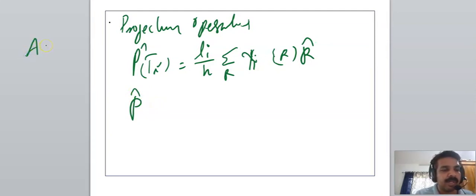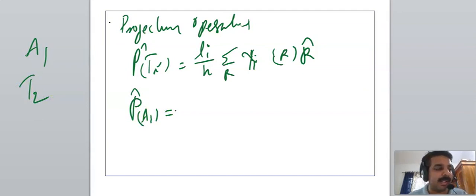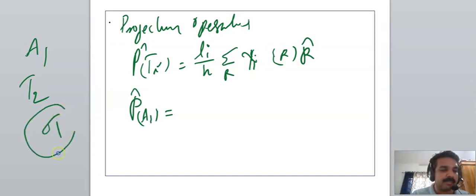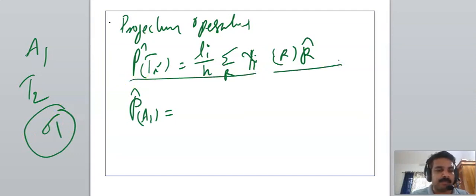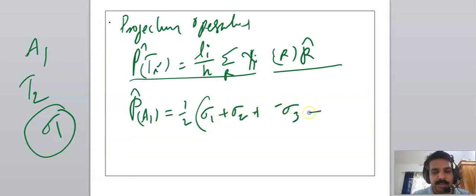What are the symmetries of the hybrid orbitals? A1 and T2. I'm not doing the projection operator completely. You can check this by taking any one of the sigma orbitals, such as sigma 1, and applying the projection operator. We get P cap A1, after normalization, as 1 by 2 into sigma 1 plus sigma 2 plus sigma 3 plus sigma 4. You have to work it out by the projection operator.